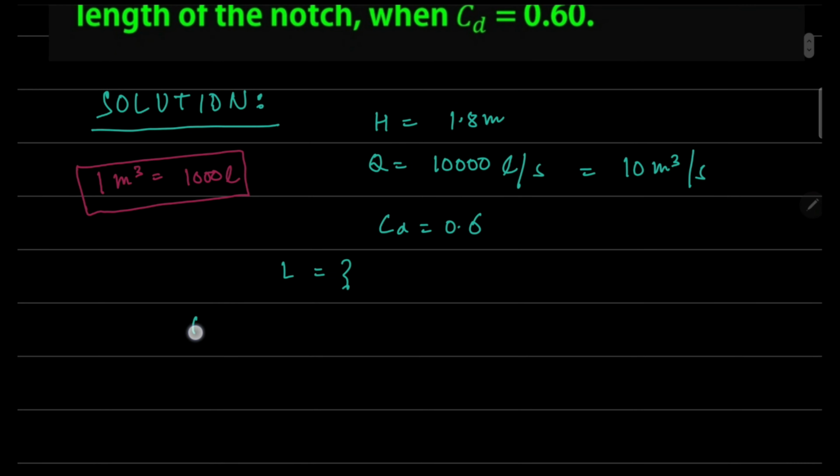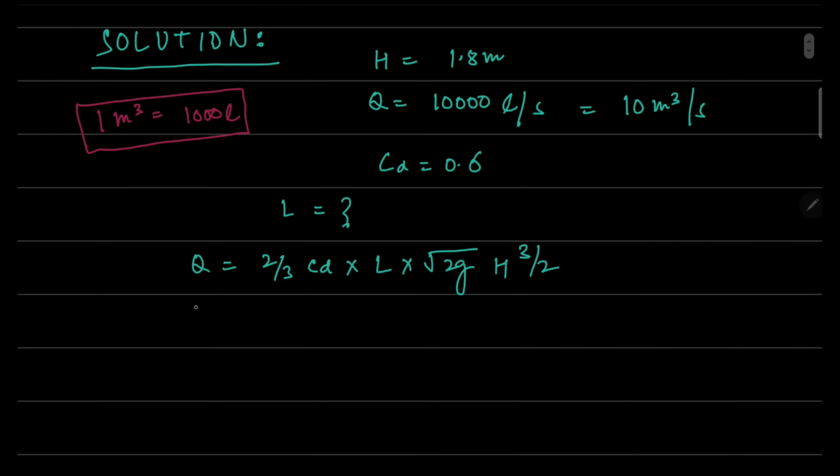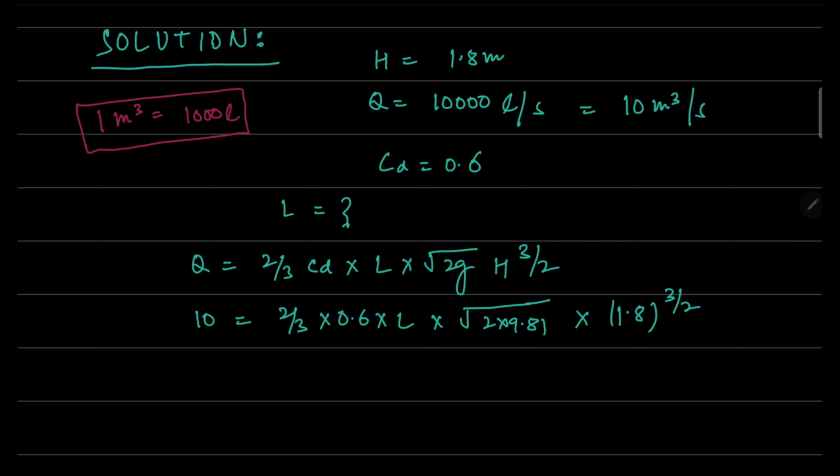We will again use the same equation, Q equal to 2 by 3 CD multiplied by L under root 2g, H raised to the power 3 by 2. So Q is your 1, multiplied by 2 by 3, CD is 0.6, L multiplied by under root 2 times 9.81, multiplied by 1.8 raised to the power 3 by 2.